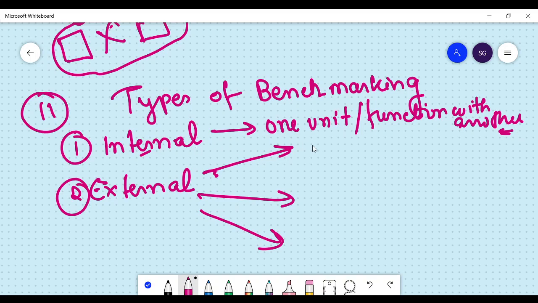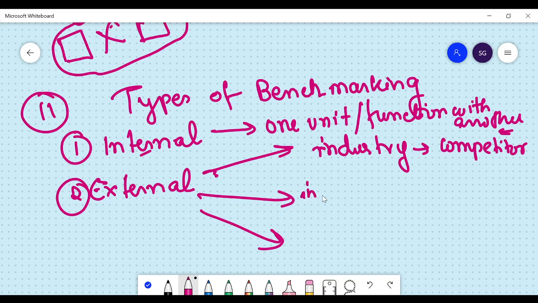But in external, we have three types. We are comparing with the industry and with our own competitor of the same industry. Then we are comparing with the industry but with a non-competitor person who is not our competitor.